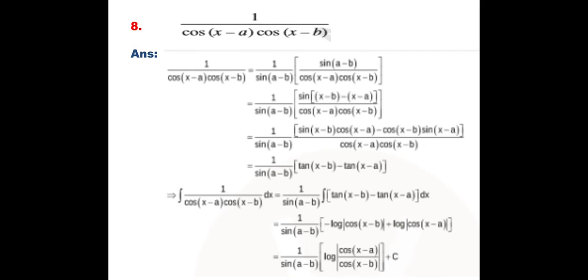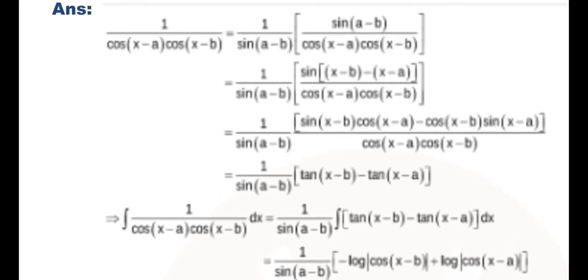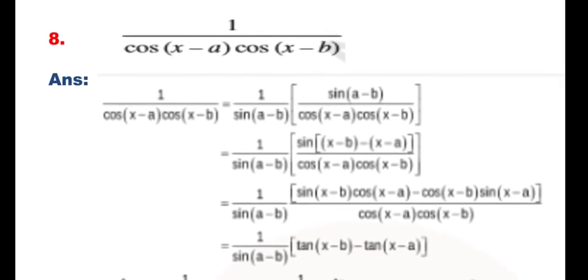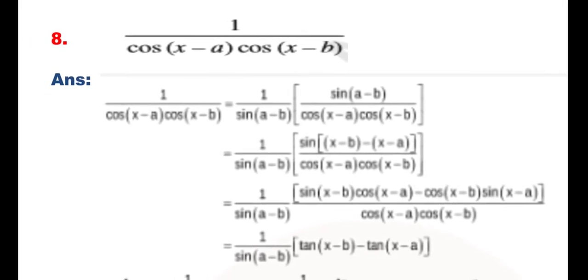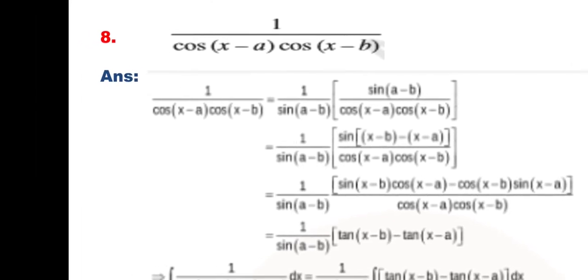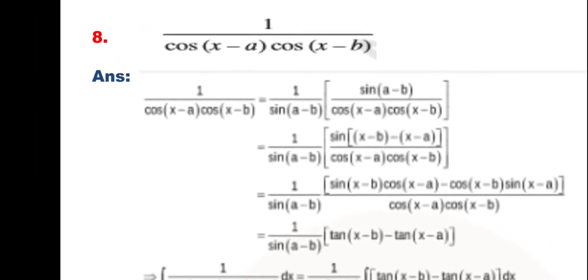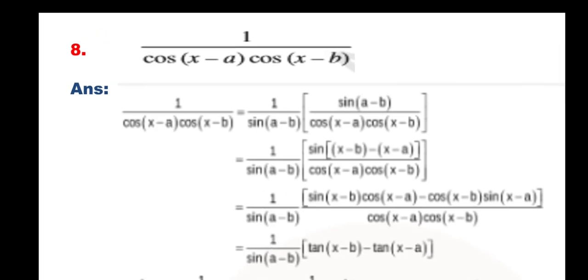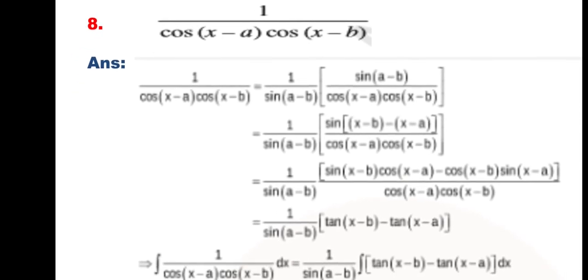And students, here is another question, which is 1 by cos x minus a into cos x minus b. Students, in these questions, using some trigonometric formulas, first of all we multiply this by sin a minus b and divide by sin a minus b with the given function.